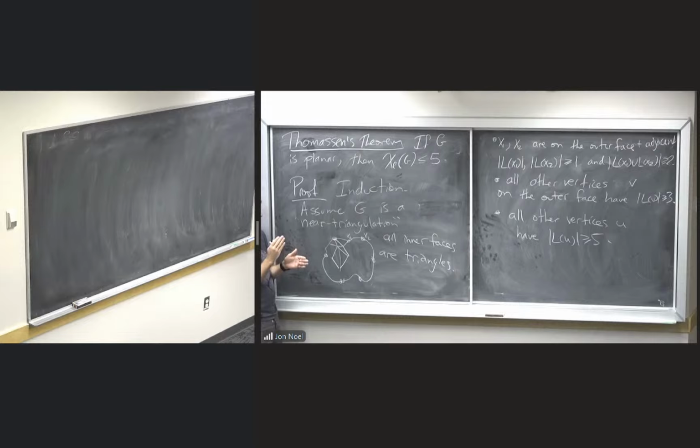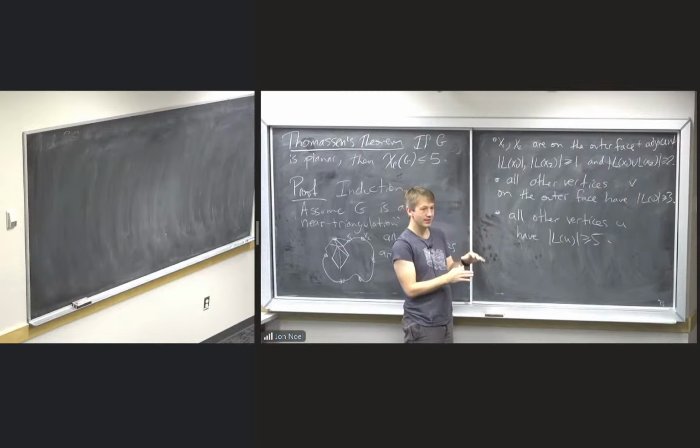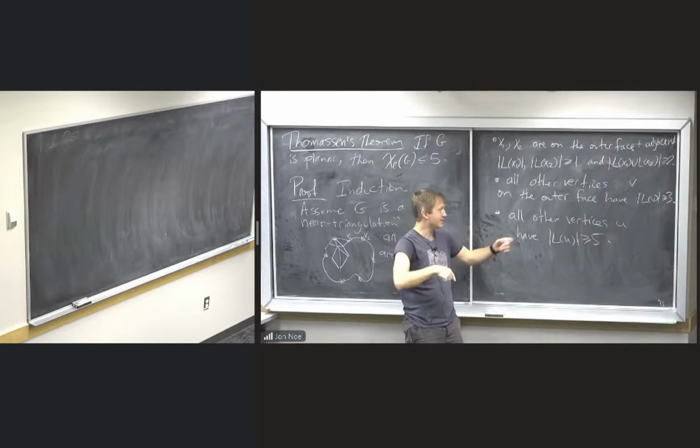But actually, it's a kind of magical induction proof, in the sense that having fewer requirements on my outer face is quite useful, because it's easier to apply induction. When I reduce to a smaller graph, the requirements I have on the outer face are easier to satisfy.